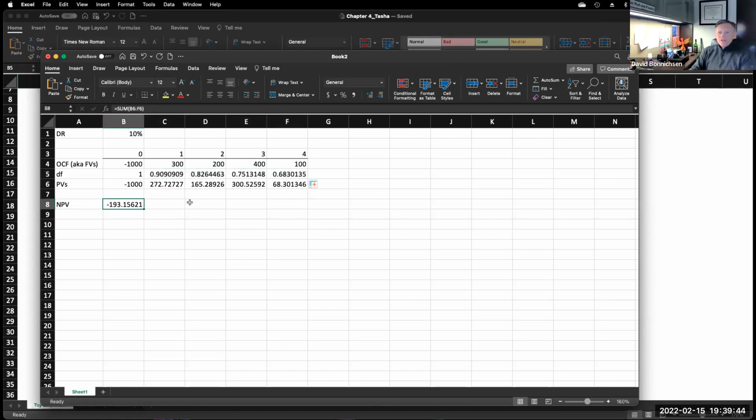Okay, so what is this telling us? Well, there's a couple things. We're taking a future stream of cash flows and we're using the required rate of return to bring those future cash flows back into today's dollars.